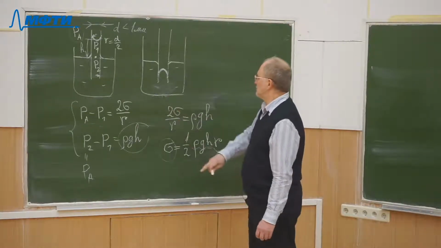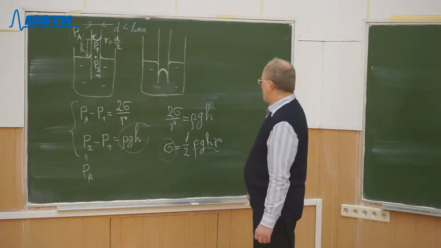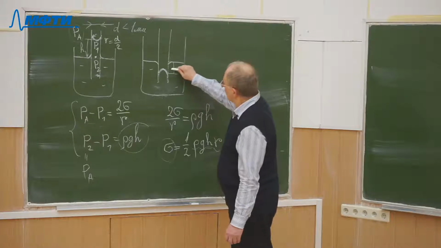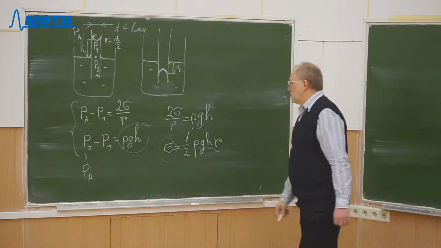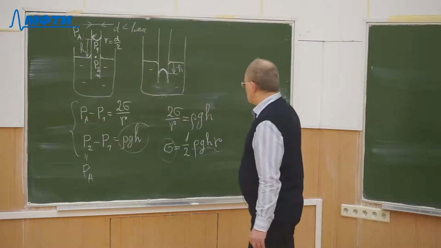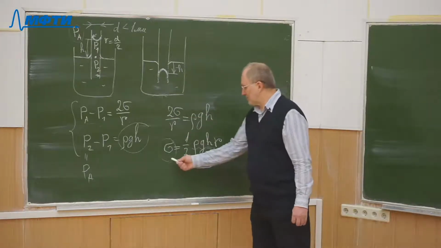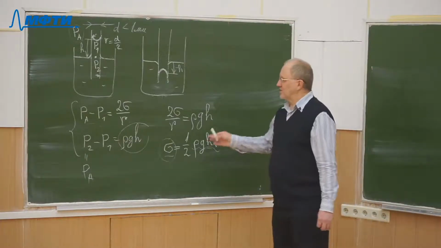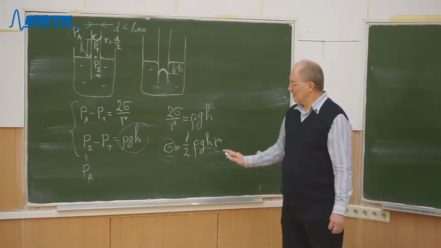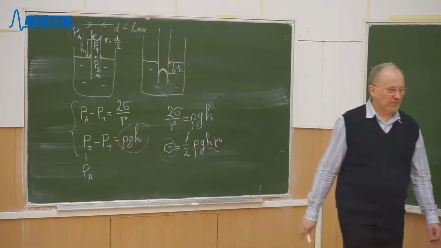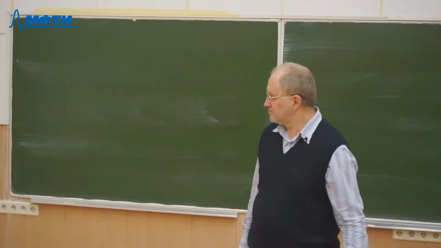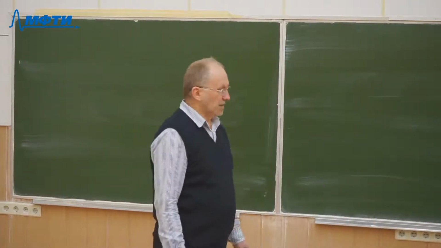The same will be true for the case when the liquid is non-wetting, but in this case we will have to measure this height h. So in any case it's possible to measure. This is the method of measuring the surface tension of a liquid, and that was the information I wanted to give you during the last lecture, but we had not enough time. And today I wanted to start a new topic which is electrostatics.